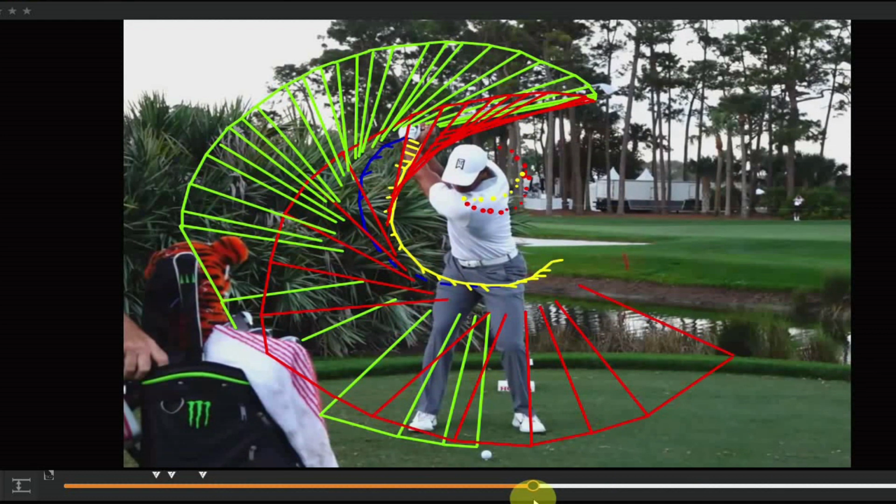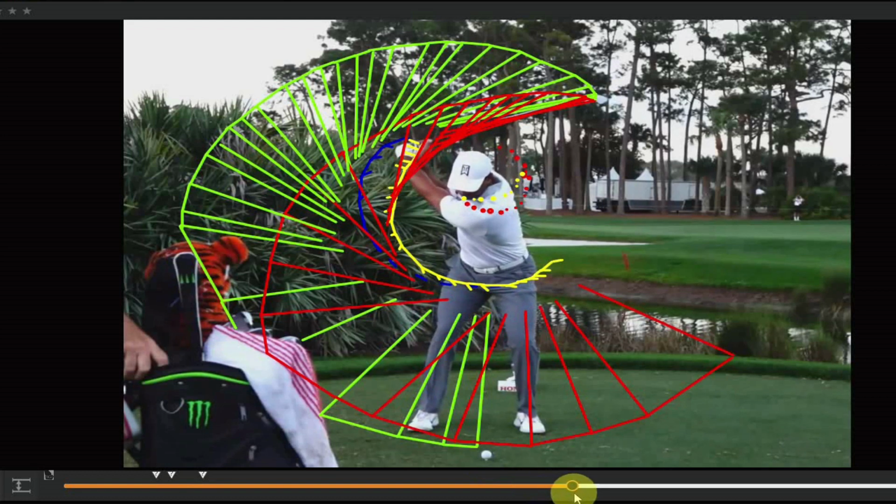So there's a general trace. Obviously we can't trace it perfectly because the golf bag is in the way, but most of it you'll see the arc of the club and how the shaft behaved. Now the very interesting thing is now red is picking up the downswing trace of the ferrule on the shaft.